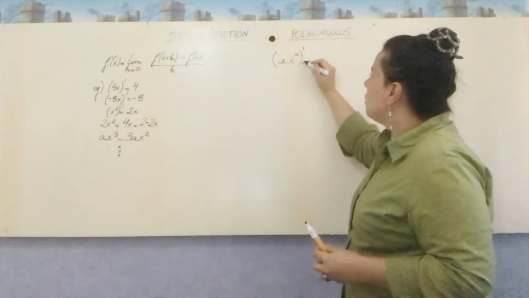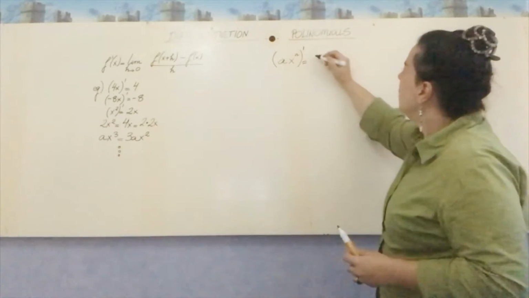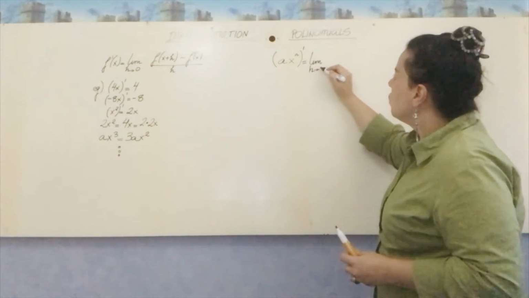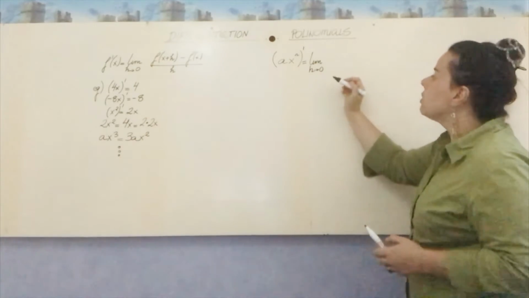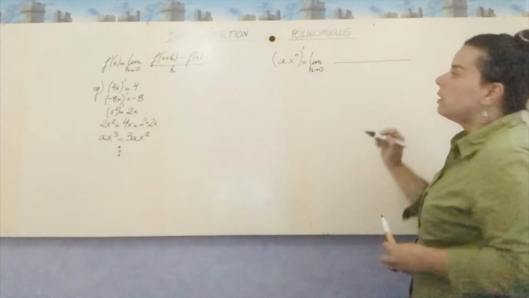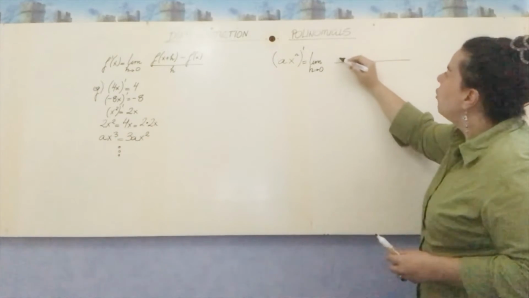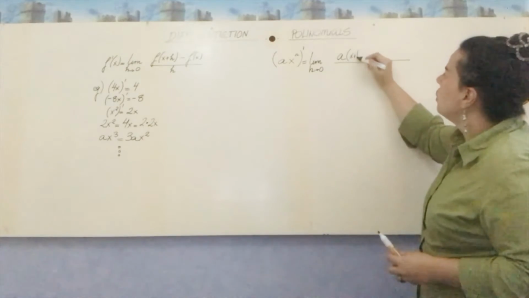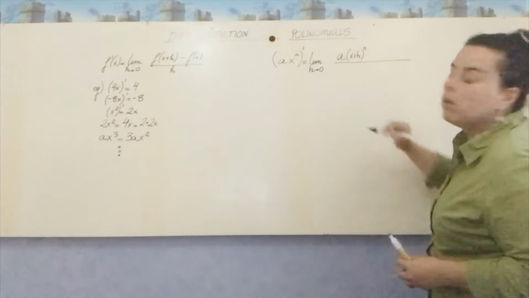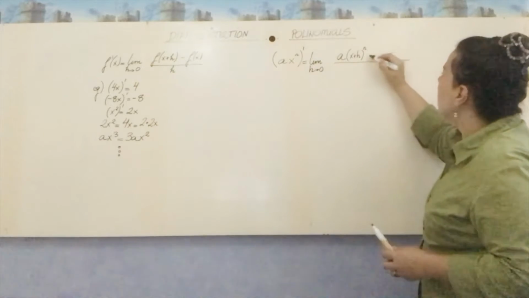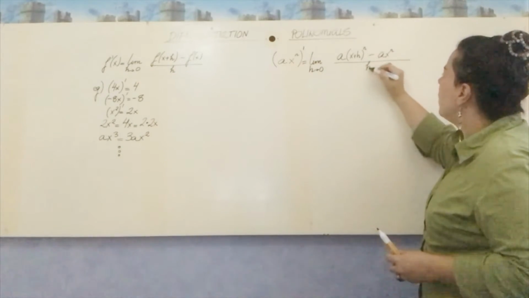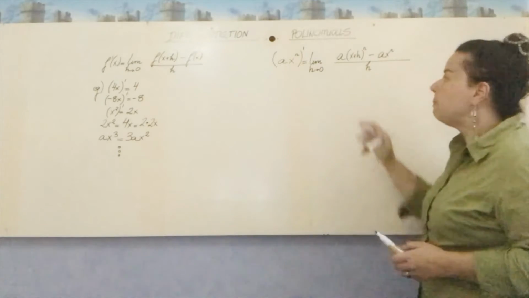To get the derivative of that, I could, of course, use my derivation by first principles: the limit when h tends to 0 of a(x plus h)^n minus a x^n, all that divided by h.